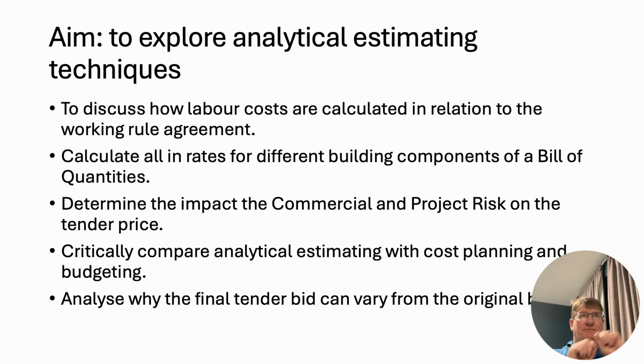And if you look at the criteria there, the higher criteria I'm talking about here, the merit and the distinction, you're actually asking yourself, why is it different to what we originally budgeted it for? And it's different because it's much more analytical. One would argue it's much, much more accurate.